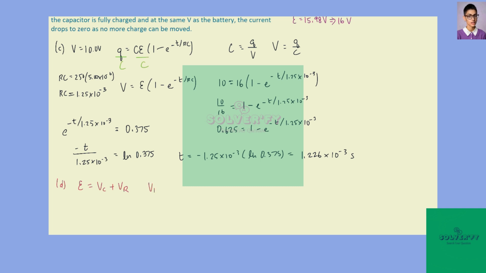So our voltage across the resistor at any time will be equal to the EMF minus the voltage across the capacitor. So we can take our 16 volts minus the 4 volts given, and that's going to give us 12 volts across the resistor.